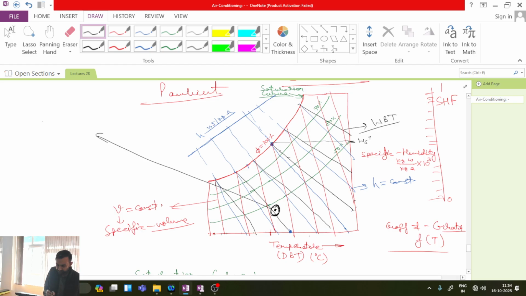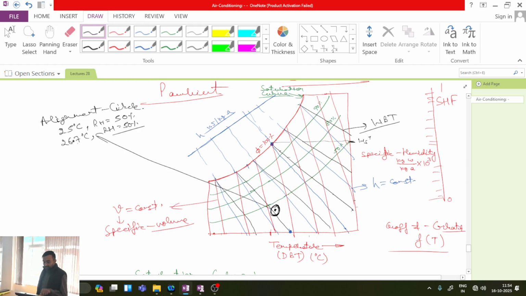That circle is called the alignment circle. Typically on most charts it is specified at 25 degrees Celsius DBT and relative humidity of 50%. In some charts it may be at 26.7 degrees Celsius and relative humidity of 50%.